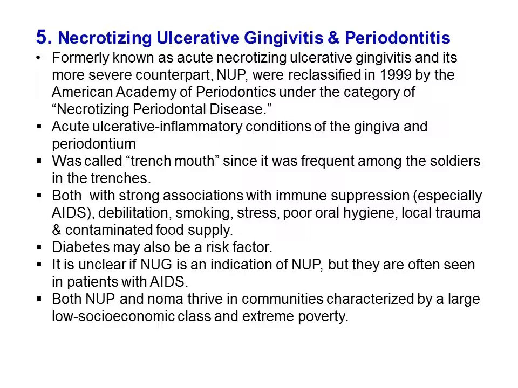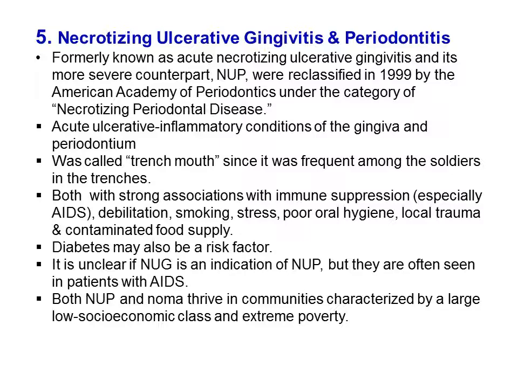It is unclear whether necrotizing ulcerative gingivitis leads to periodontitis, which are often seen in patients with AIDS. Both necrotizing ulcerative periodontitis and noma thrive in communities characterized by low socioeconomic classes and poverty.